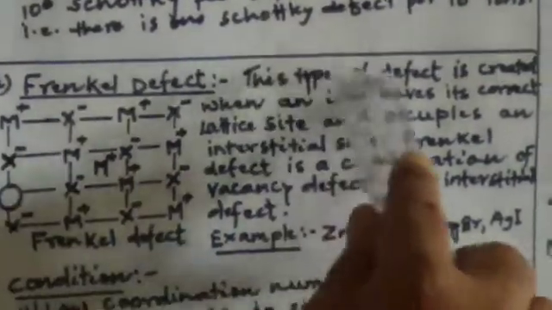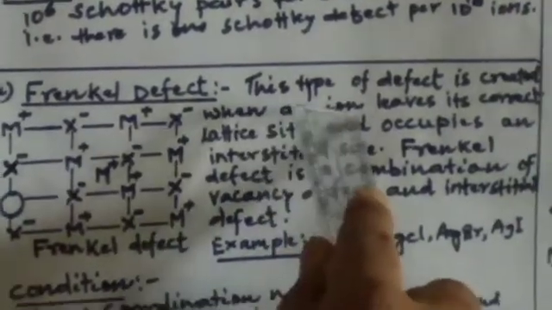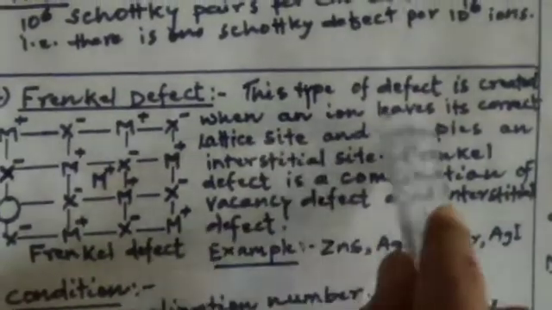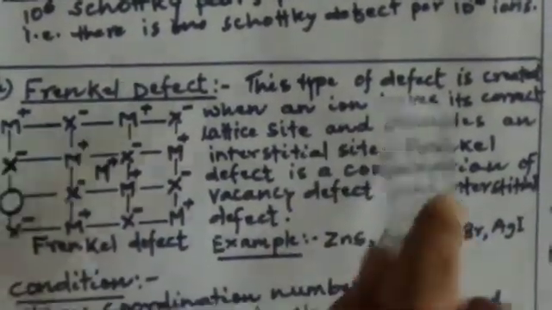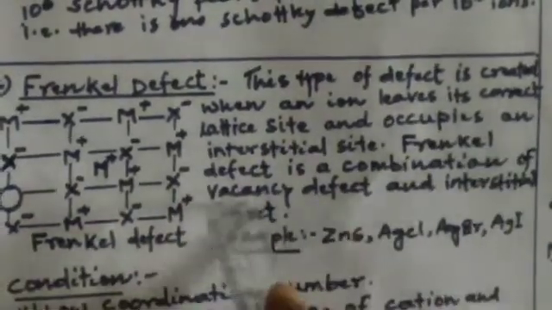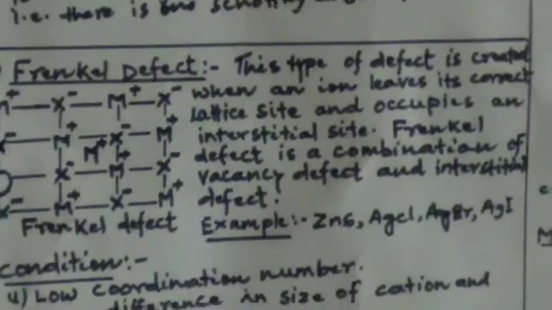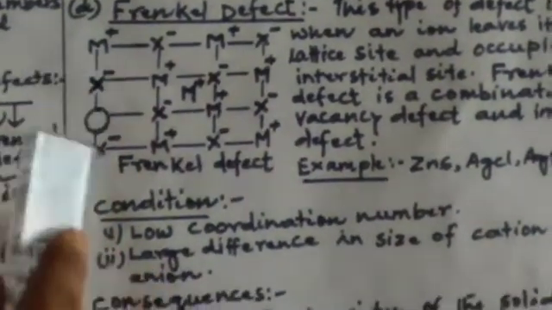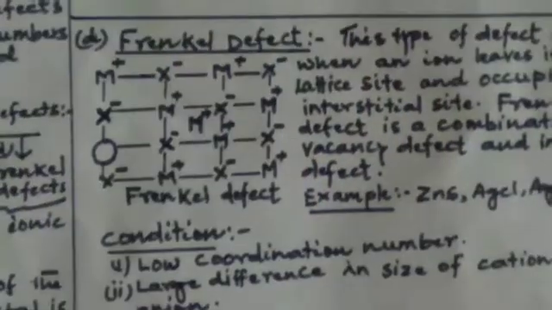So this type of defect is created when an ion, means cation, leaves its correct lattice site and occupies an interstitial site. Frenkel defect is the combination of vacancy defect and interstitial defect. In vacancy defect, what we find? We find that some of the lattice sites are unoccupied. Here also, this site is unoccupied. And in interstitial defect, what we find?